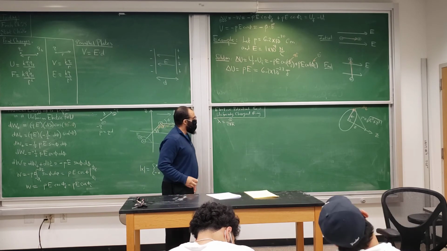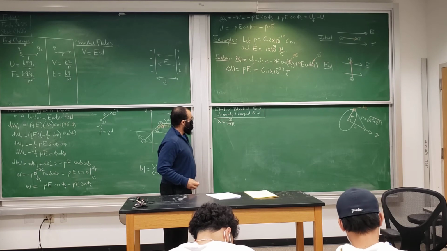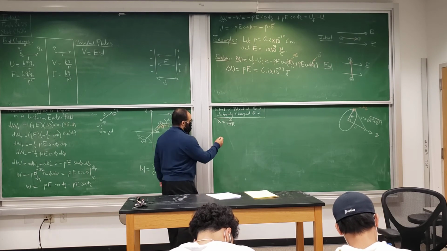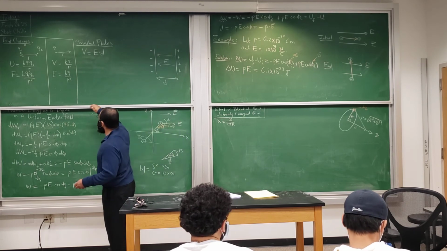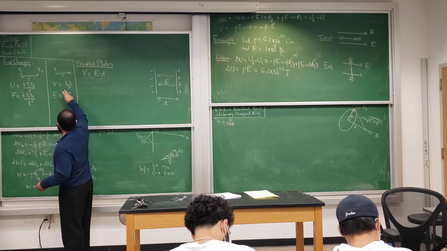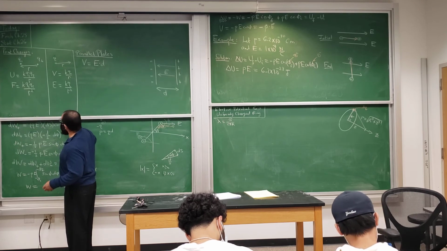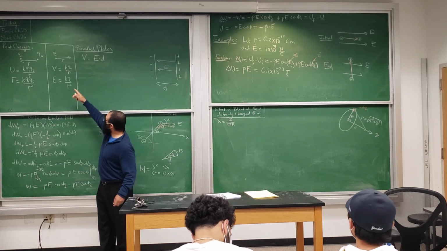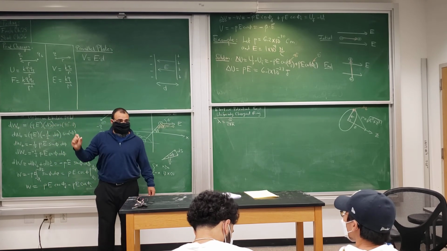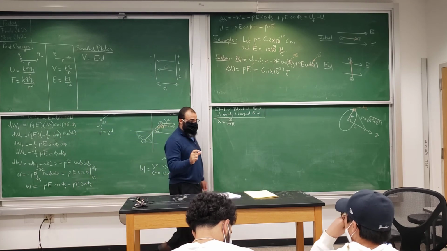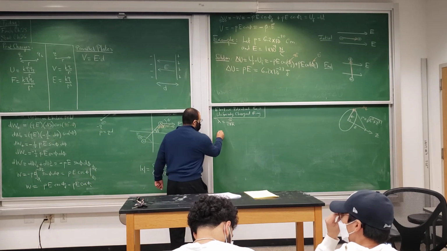So now, the electric potential due to a single charge is kq over r. But I don't have a q, I have a dq. So I will not say V, I will say dV, a small amount of potential, a small contribution from one dq.